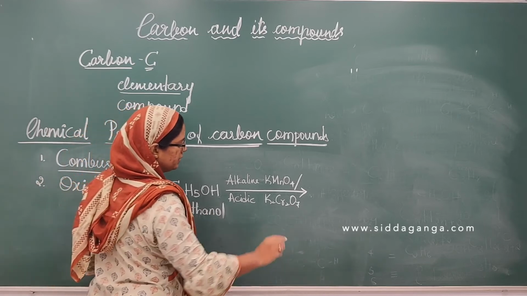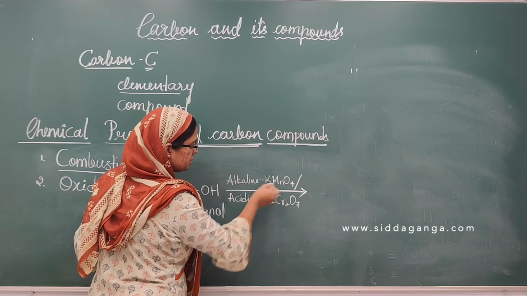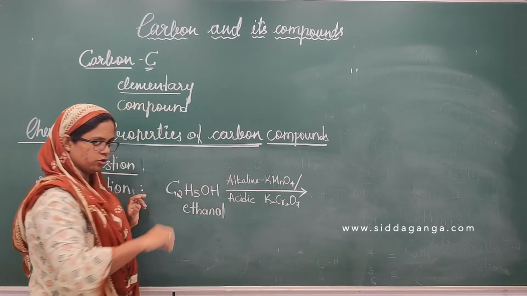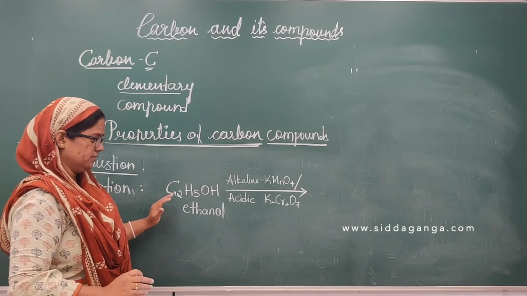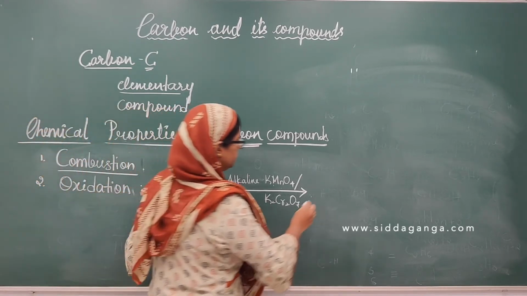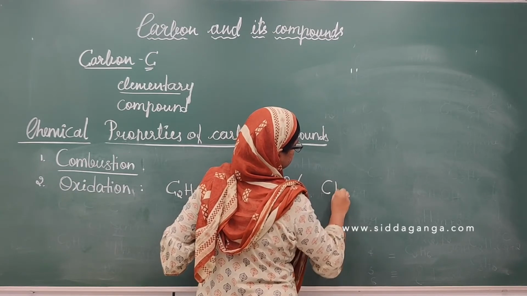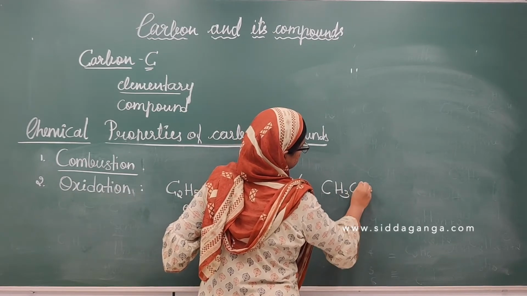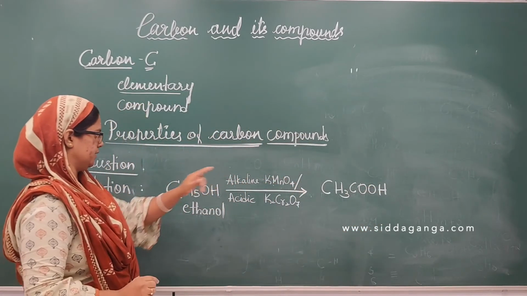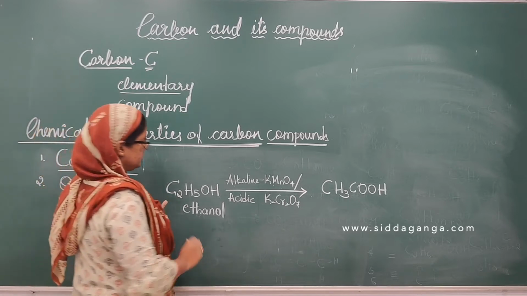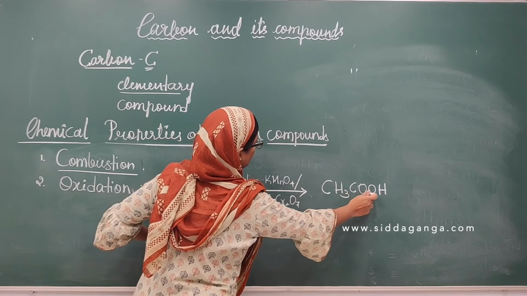We must remember here that alkaline potassium permanganate and acidic potassium dichromate are adding oxygen to this ethanol. What happens here? A new compound will be generated: CH3COOH.